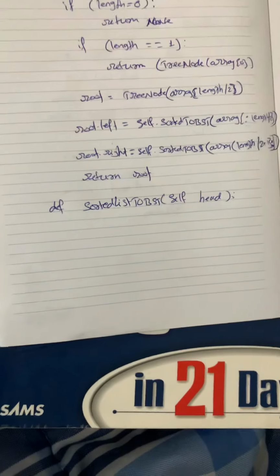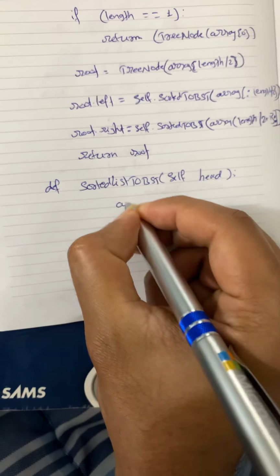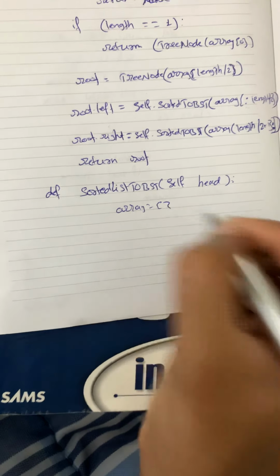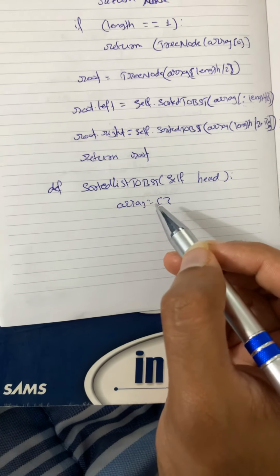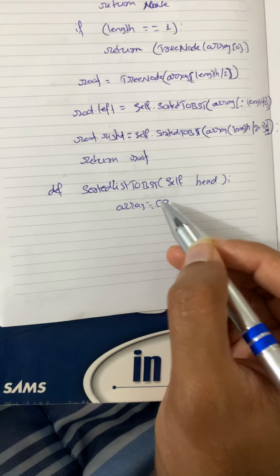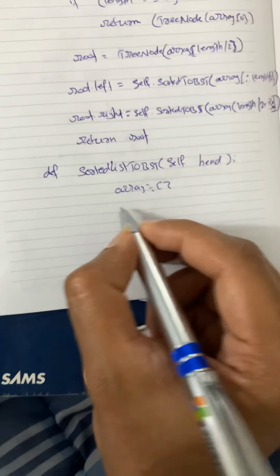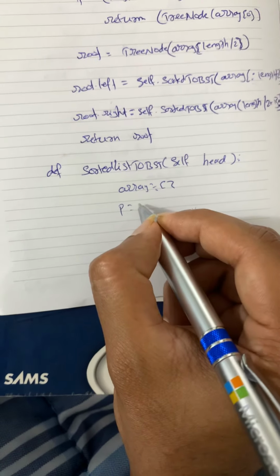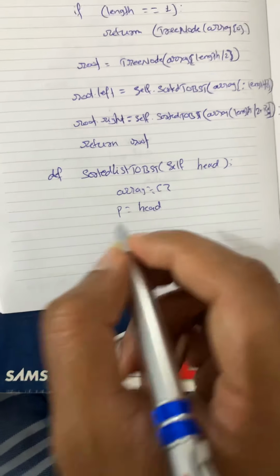We can write it so that we take an empty array, and then we add all the elements to this array. We take another variable and assign it the head pointer.